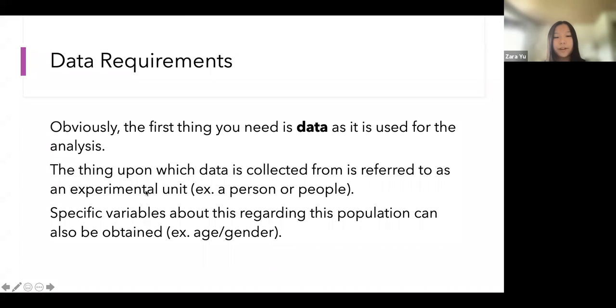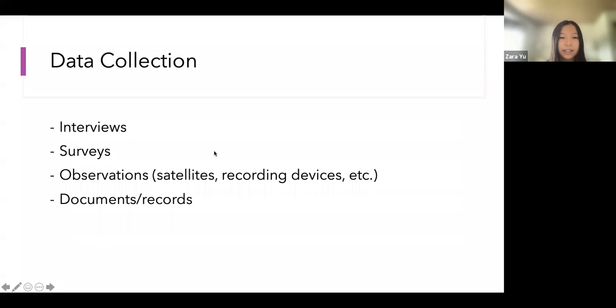Specific variables regarding the population can also be obtained, like age and gender, or maybe location, income, all these kinds of things. It depends on a case by case basis. The next thing we have to do is collect that data. It could be done with interviews, surveys, observing satellites, recording devices, maybe cameras, then documents and records. All of these things can be used to find your data.